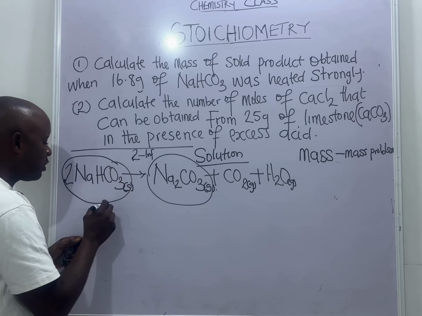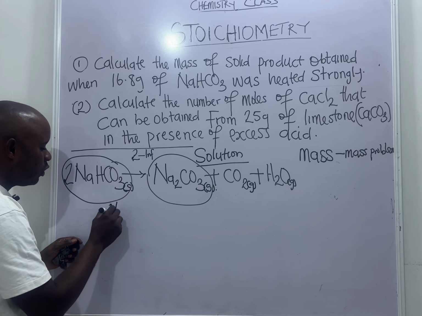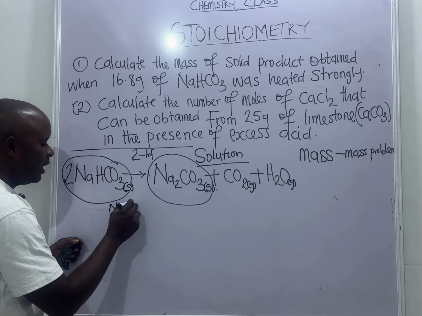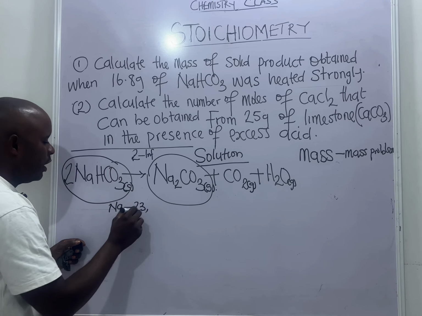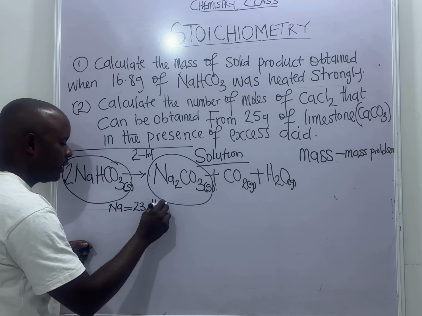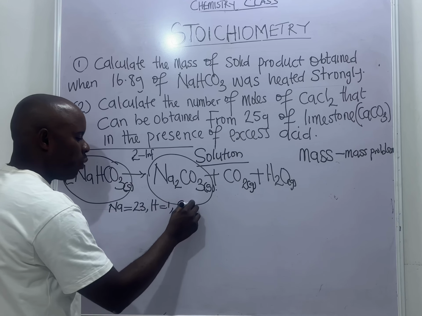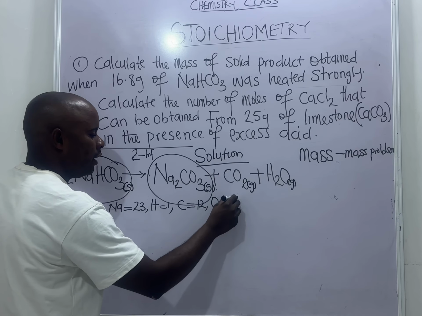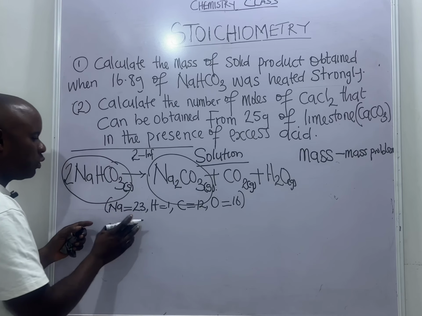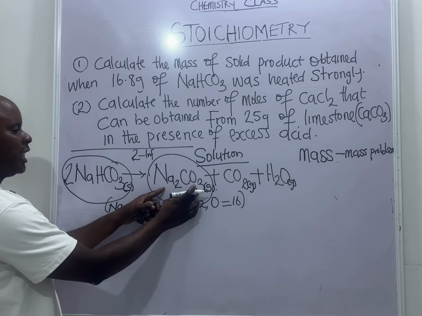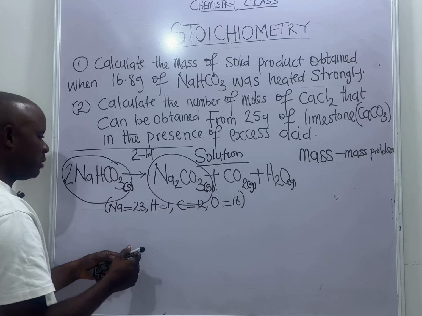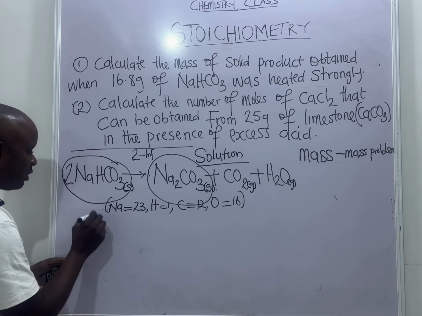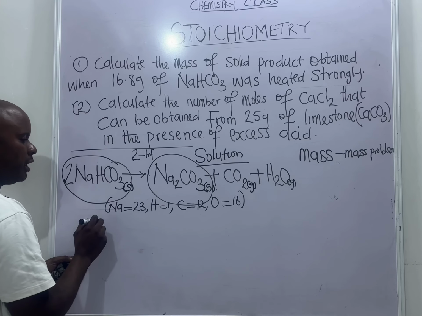The relative atomic mass of sodium is 23, hydrogen is 1, carbon is 12, oxygen is 16. So we can calculate the molar mass of each of these compounds mentioned in the question.